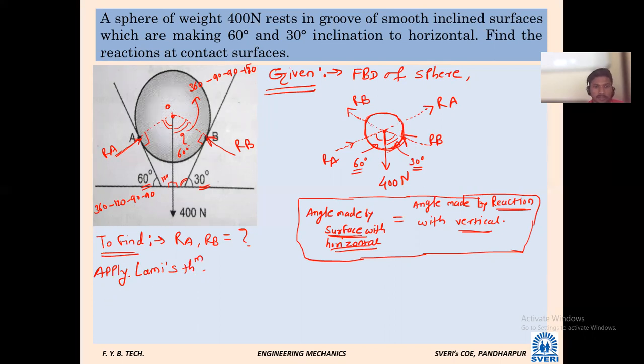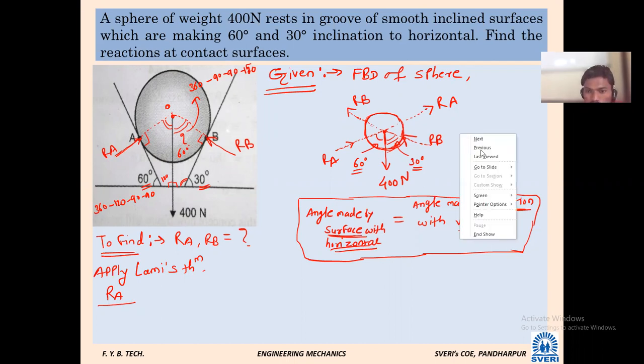So what will that be? Suppose I write RA divided by, what will come? Who will tell me? Sin 60? Sir, sin 30. RA force is here. Now shall I remove this?